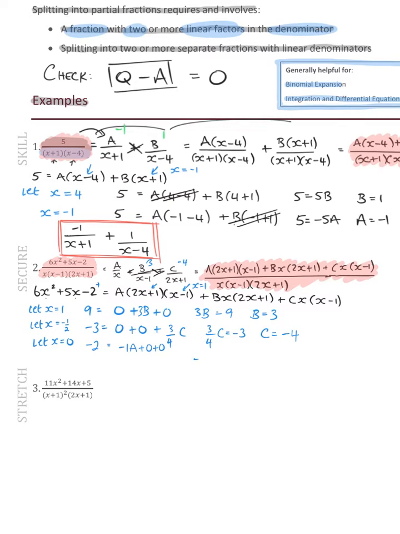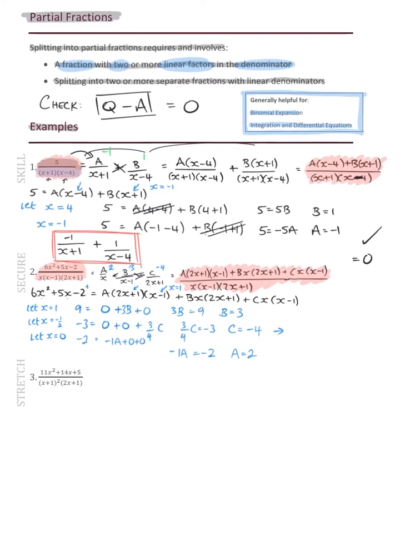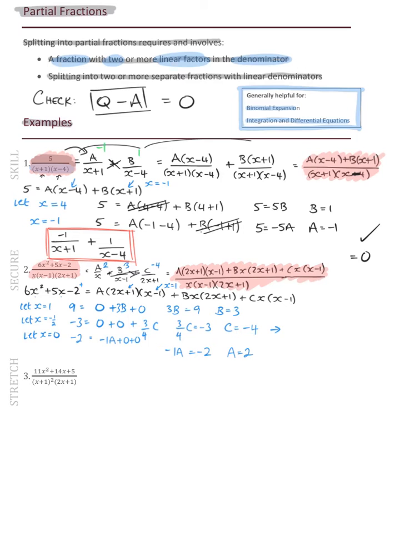So -1a equals -2. So a equals 2. So my answer is 2 over x plus 3 over x minus 1 minus 4 over 2x plus 1.